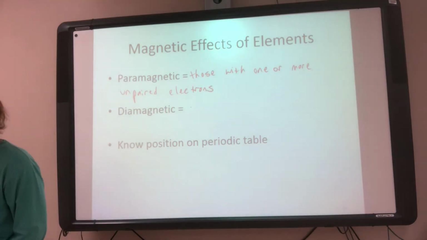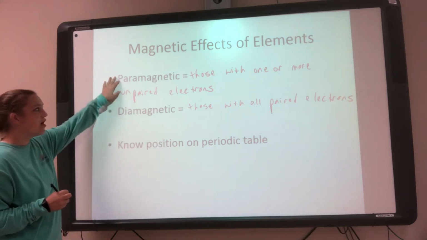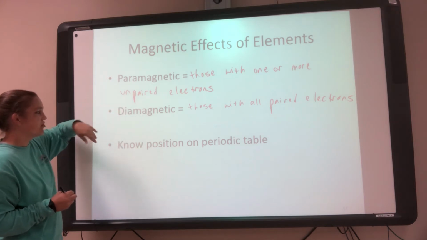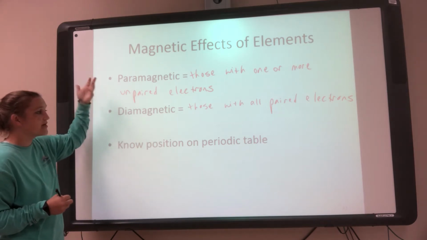All right, diamagnetic are those with all paired electrons. So everybody's got a partner, a buddy. All of them are paired. There's at least one electron that's unpaired. So let's talk about the difference between these two. If I took one of the elements and I put it next to a magnetic field, how would it react?